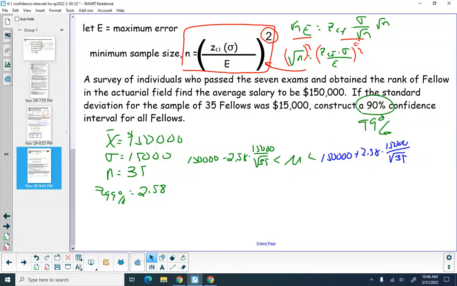That's exactly correct: the sample mean. So your best point estimate is the sample mean I give you here.